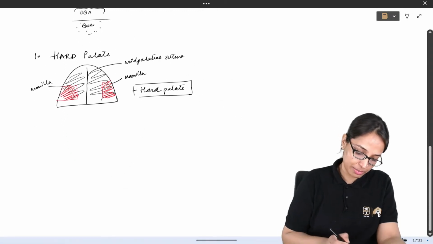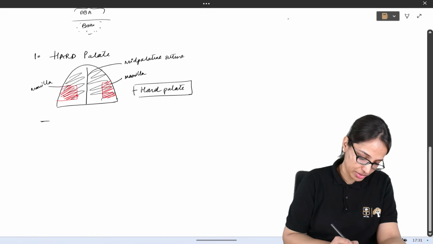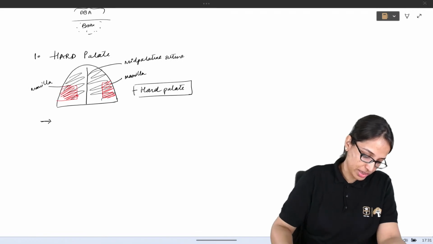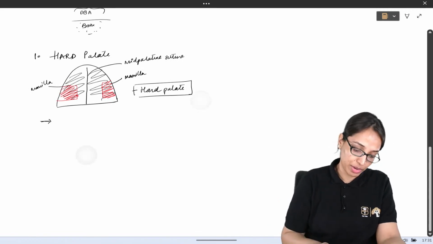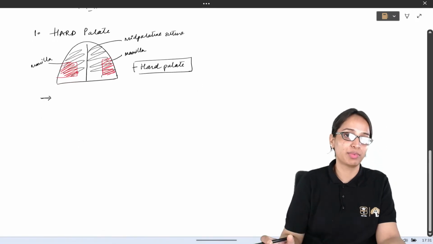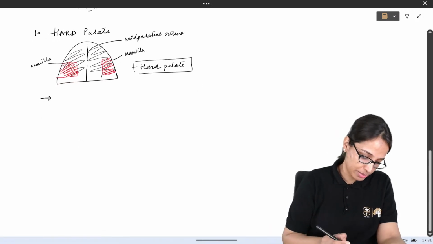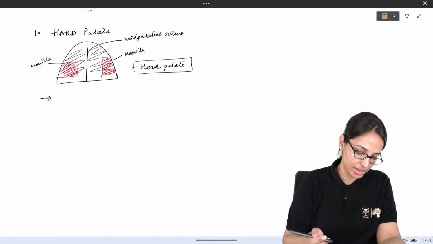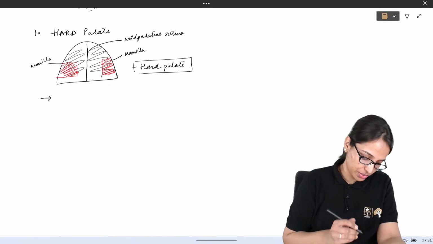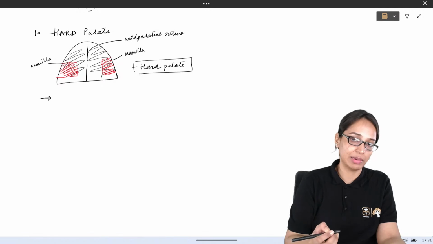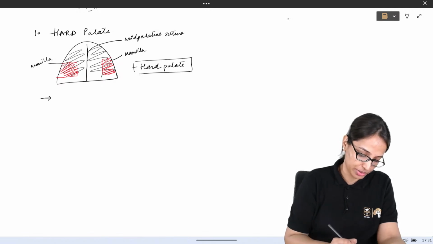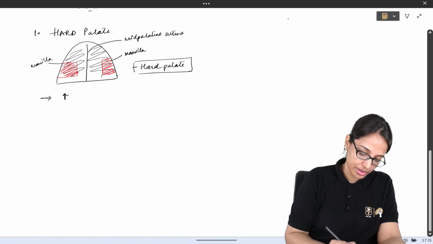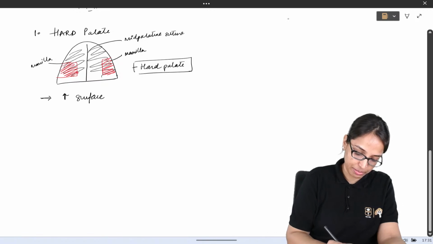Now, why is the hard palate your primary supporting area? So, the textbook line which is there for your vouchers is that the ultimate support for a maxillary denture is the bone of the hard palate and the palatine processes. So, why is it the hard palate that is responsible for support? First is the surface area of the hard palate.